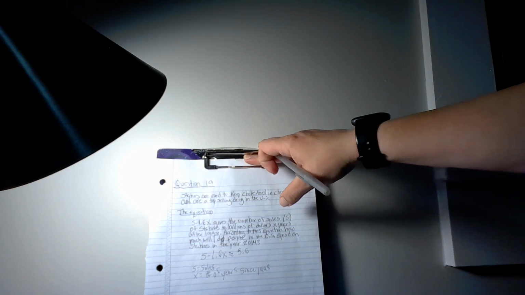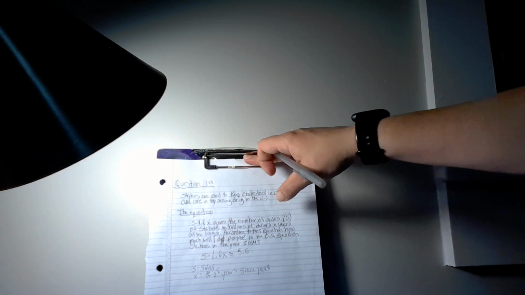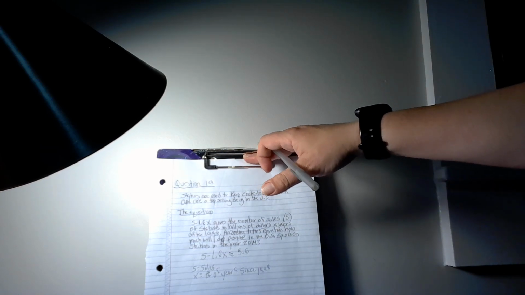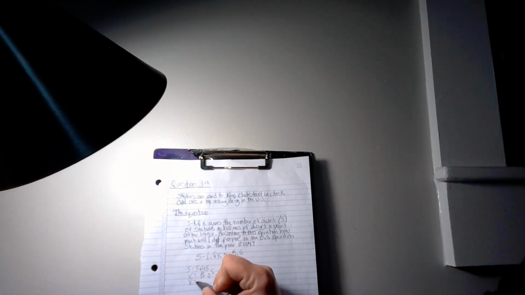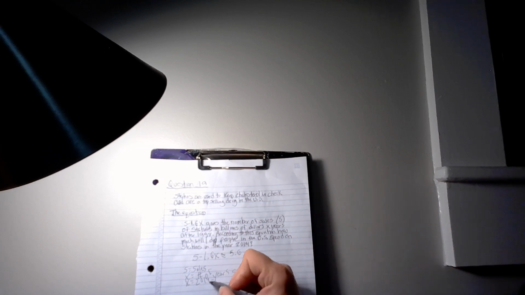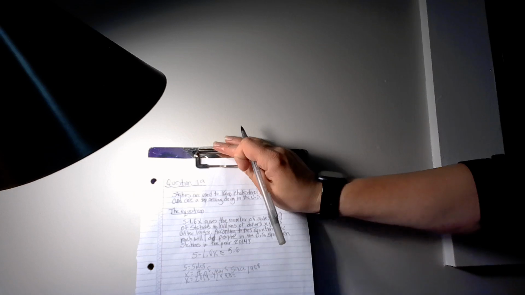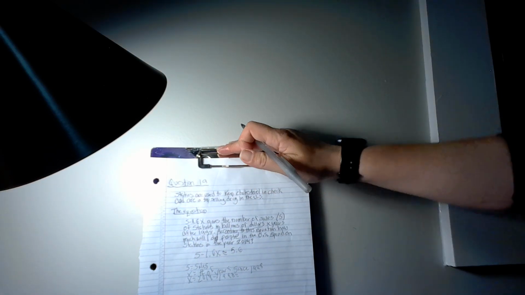So now you would have to find x for the year 2014. In order to find that, you would do x equals 2014 minus 1998, and that comes out to 16.